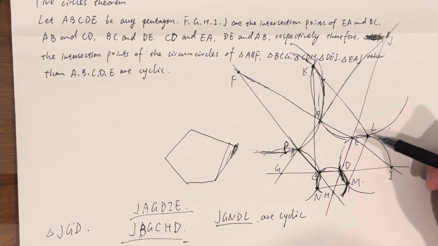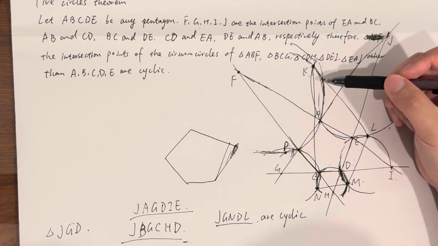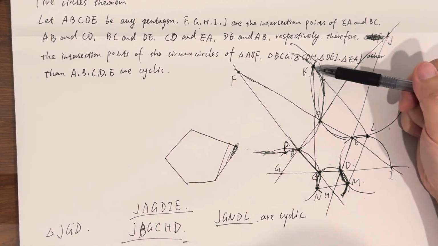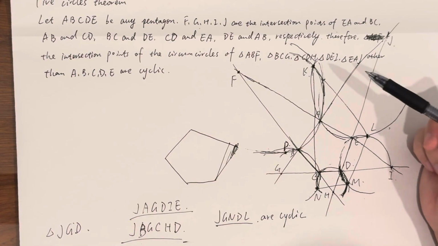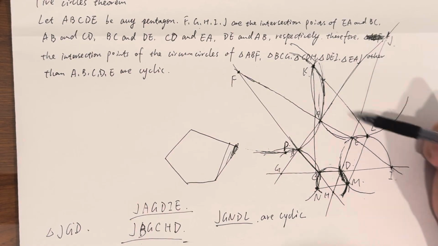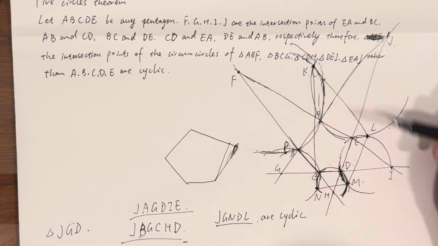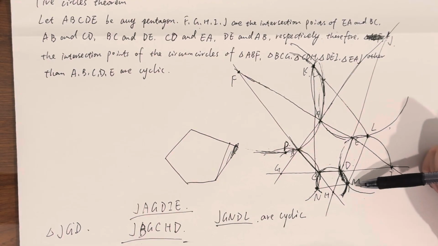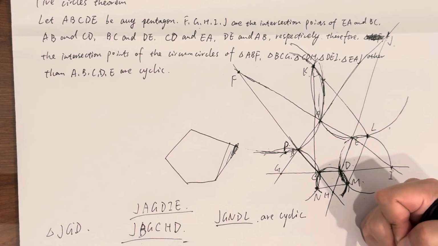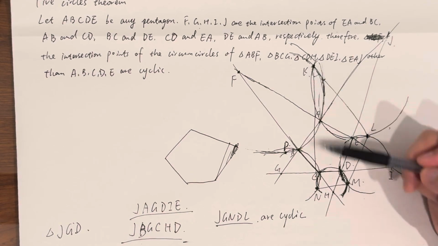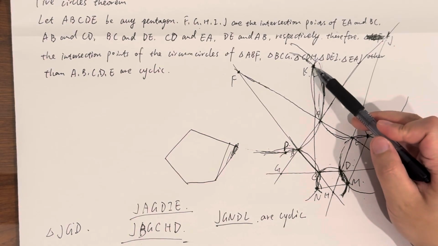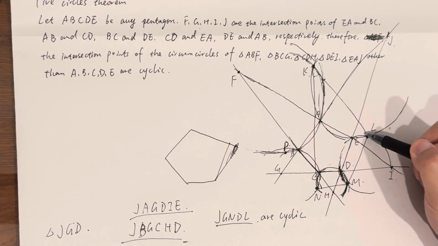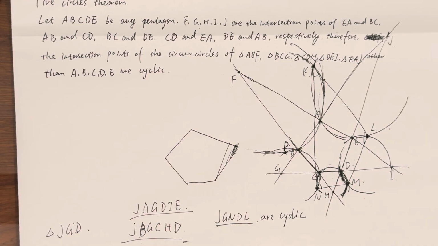So if we want to prove that K, N, M, L are cyclic, we just need to prove that angle NKL, this angle, plus angle NML equals 180 degrees, or angle KNM, this angle, plus angle KLM, this angle, is 180 degrees, right?